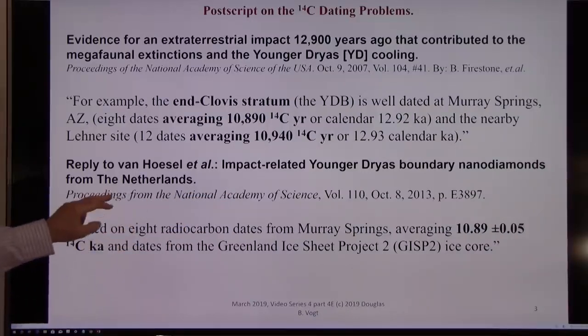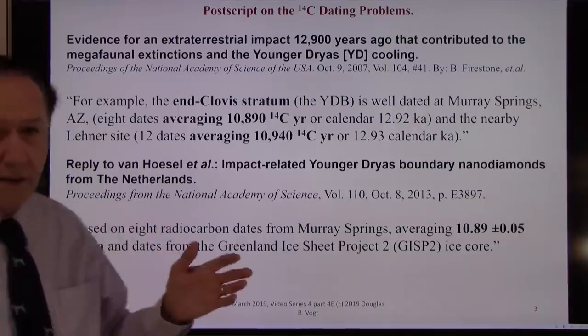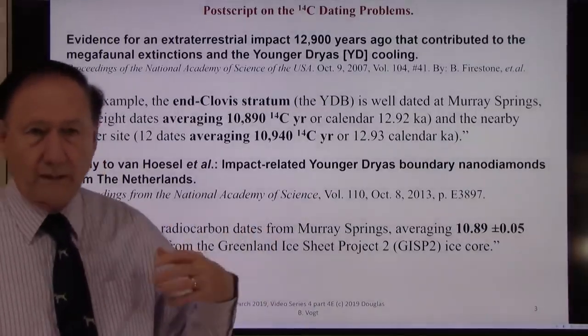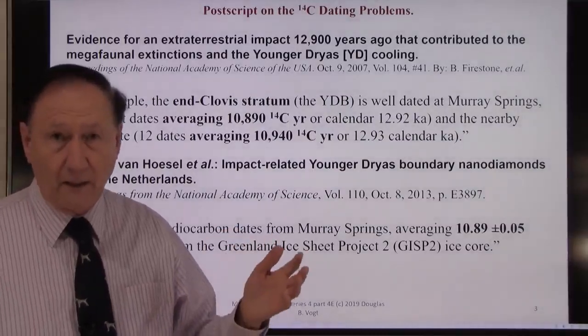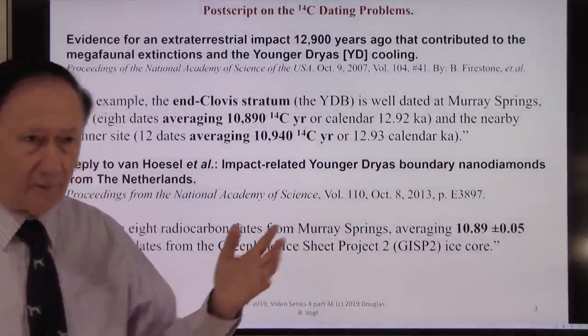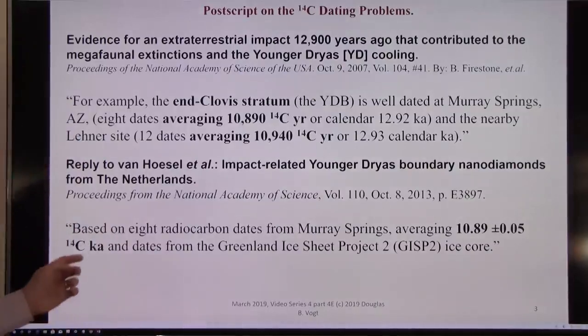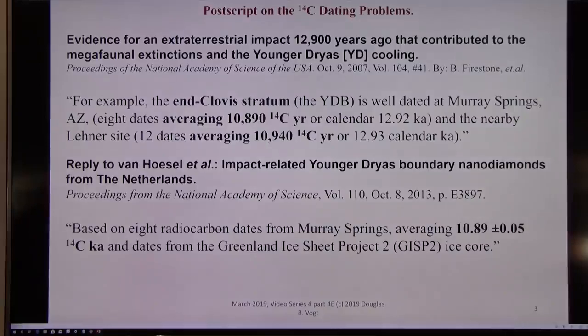Okay, and this is the reference for it. I'm going to give you the references for each one of these things. If you ever want to see the articles, write to me at info@Dihole Foundation, and I'll mail you the PDF of it if I have it. Based on 8 radiocarbon dates from Murray Springs, average 10.89 plus or minus 1,000 years carbon-14 dating.